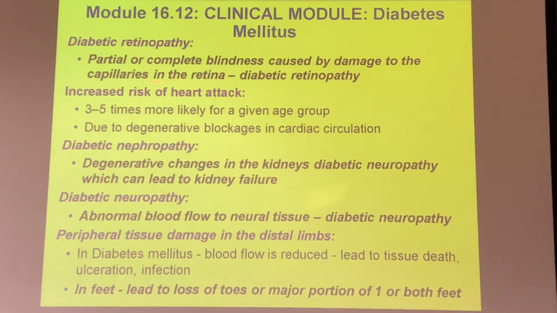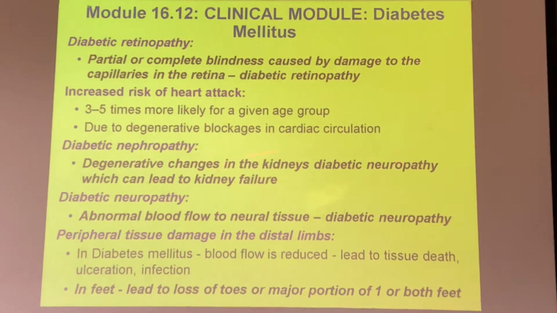Diabetes can cause retinopathy, where the word retina comes from the eye, meaning people can have complete blindness caused by damage to the capillaries in the retina. Diabetic nephropathy, where nephron comes from kidney, is basically degenerative changes in the kidney.